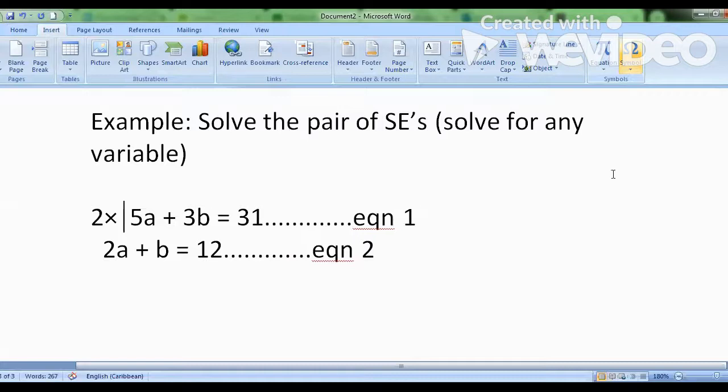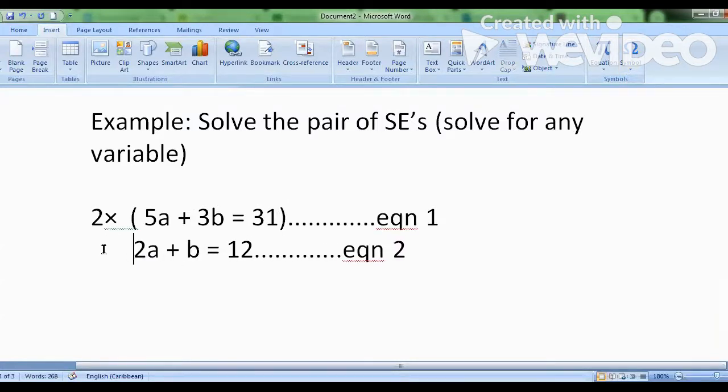When I say the top equation, I'm talking about the whole thing.